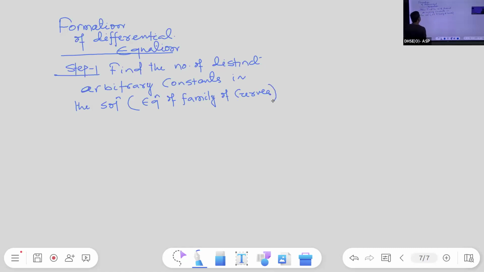Find the number of distinct arbitrary constants in the solution or equation of a family of curves.